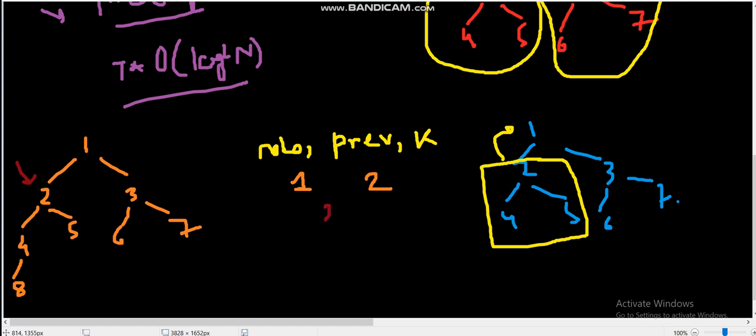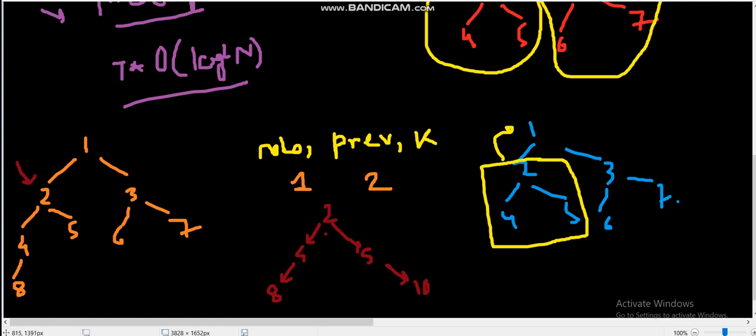So let's say we are at node 2. We'll try to find the kth level. Okay, so from 2 the first level will be 4, and the left child of 4 in the next level, the second level, will be 8. Similarly, we'll try to find the rightmost node in the kth level, so it will be 5 and 10. Okay, I hope you got it.